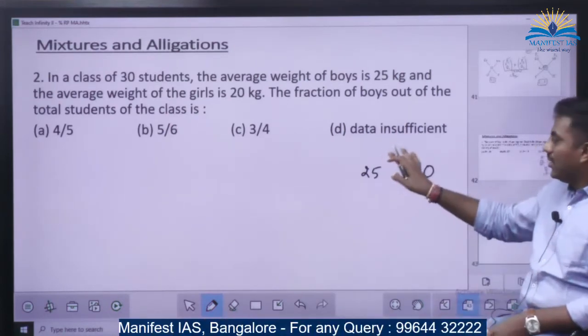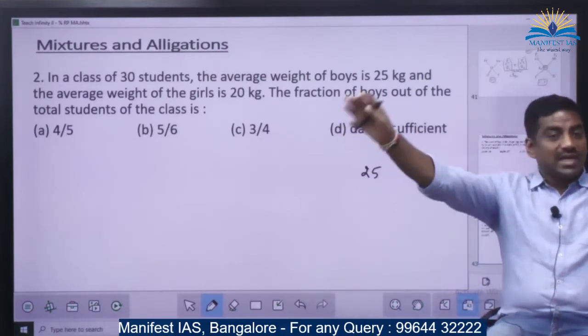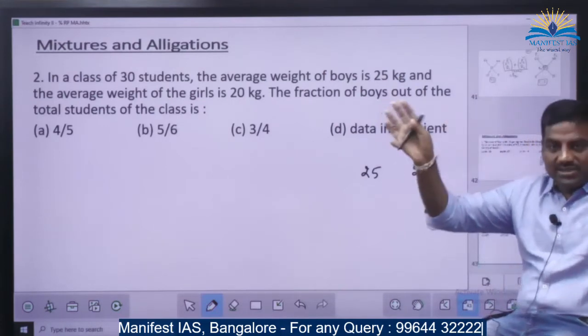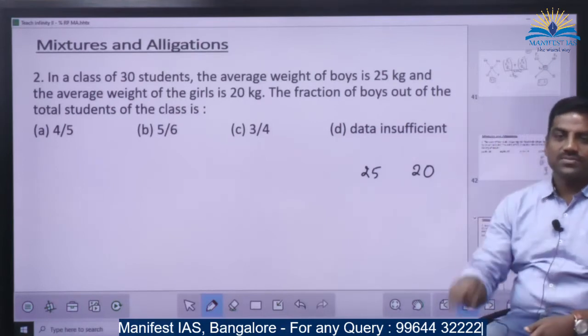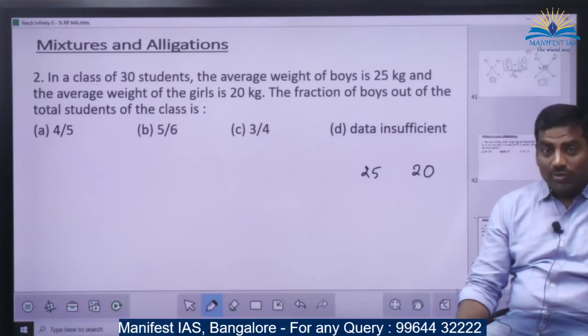See, let us think of a class. Boys are weighing 25 kg as the average. Girls are weighing 20 kg as the average. Your mind is asking, right? How many boys, how many girls? Or at least it is asking, what is the total?